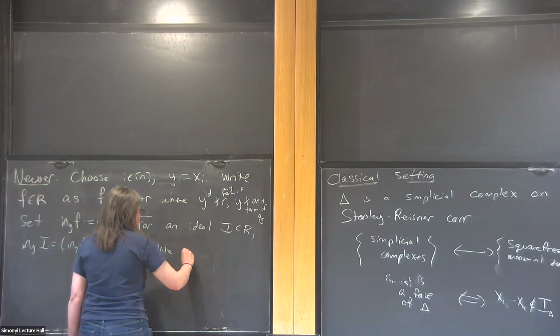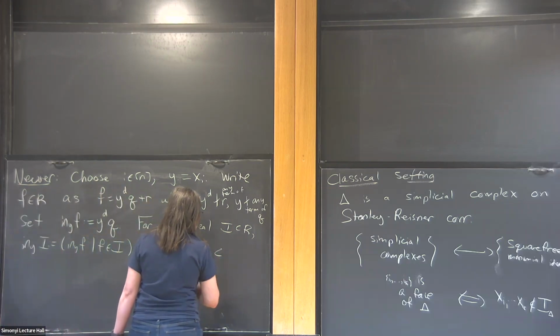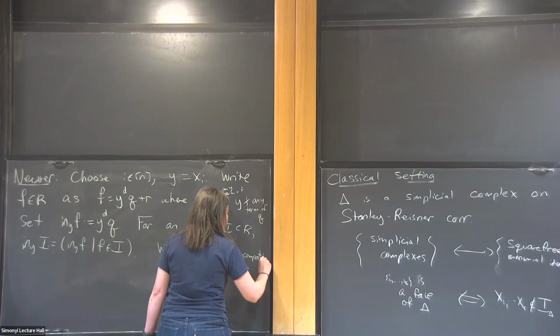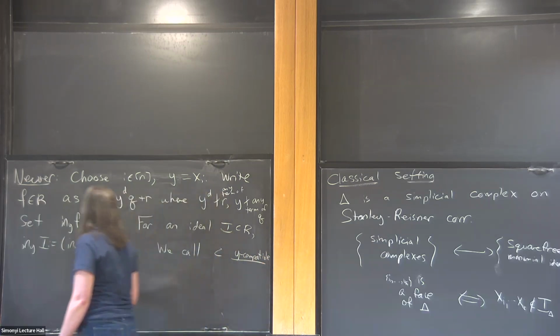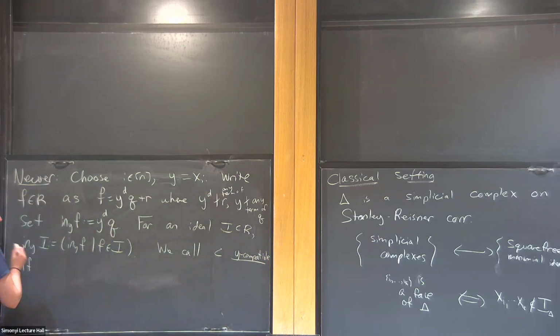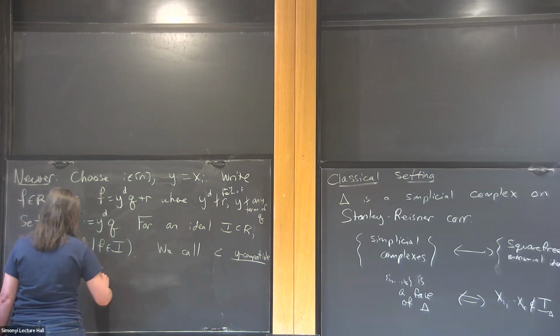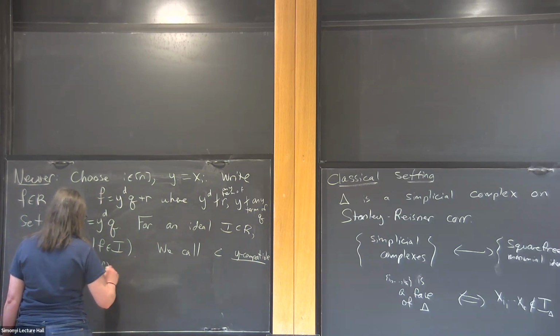We call a term order sigma y-compatible if the initial form of f is equal to the initial form of the initial y-form of f.